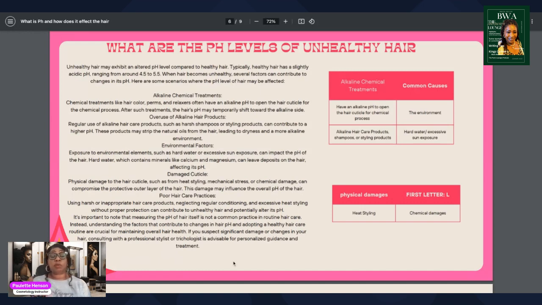And you need to apply a conditioner or a moisturizing shampoo, a conditioning shampoo, a reconstructor conditioner and shampoo. And that's going to bring those pH levels down and create a normal strand of hair, a healthy strand of hair.